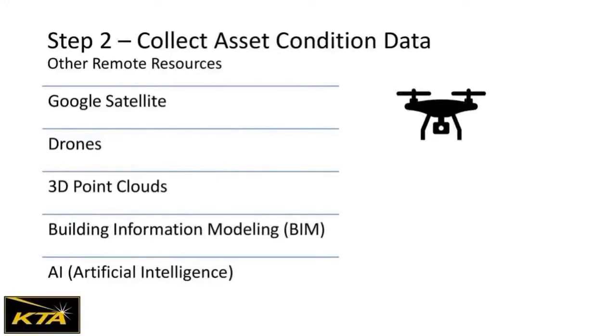So, collecting the asset condition data remotely, there are a few resources available. Google Satellite is obviously a resource that we can use. Drones is one. A lot of firms are using a new concept called drone communities.